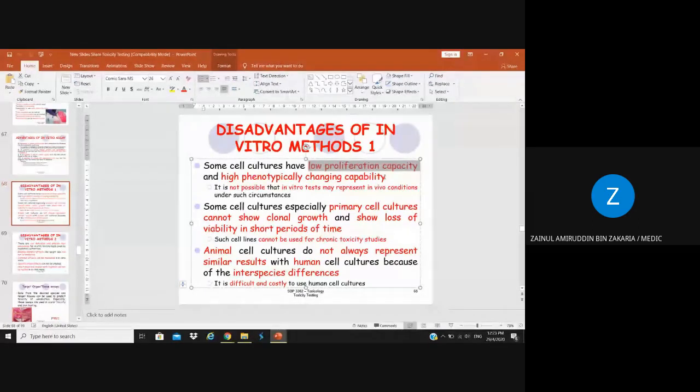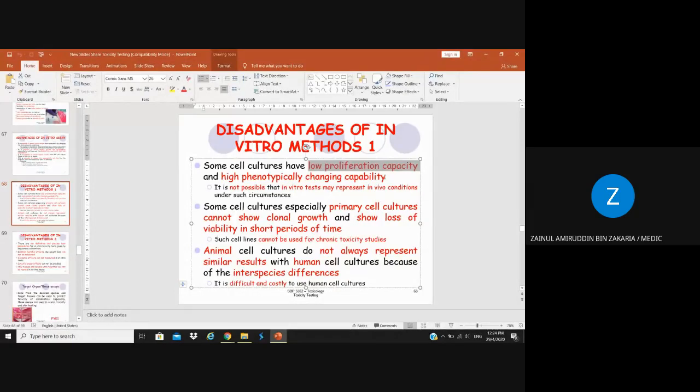Take paracetamol: after it goes to the liver, it produces its metabolite NAPQI, which is highly toxic and starts causing damage.